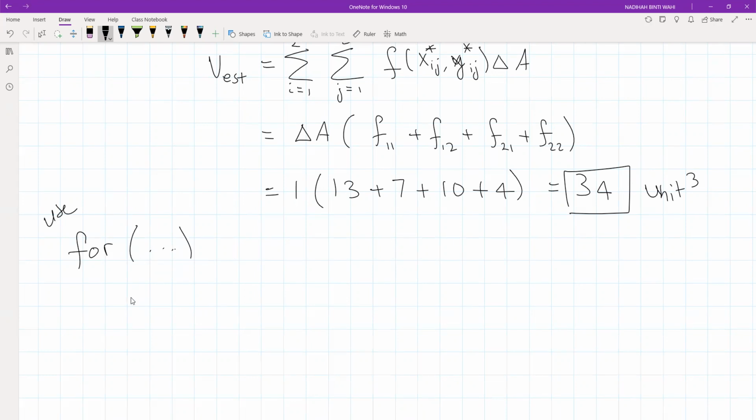Awak akan for I from 1 until N, and then awak boleh guna for J 1 until N, and then N ni mungkin sampai 100, boleh try ni. So dia akan increase dia punya ni. So yang ni dia tak tepat lagi.